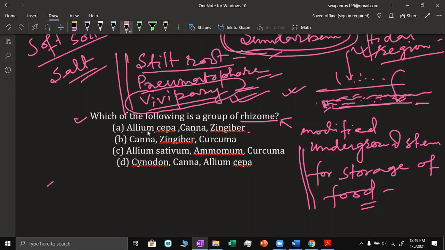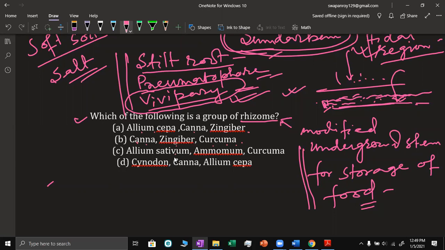Okay, here the botanical name has been given. Next is canna, gingiber, curcuma. Gingiber is ginger, canna is a garden flower, curcuma is turmeric. The C option is allium sativum.